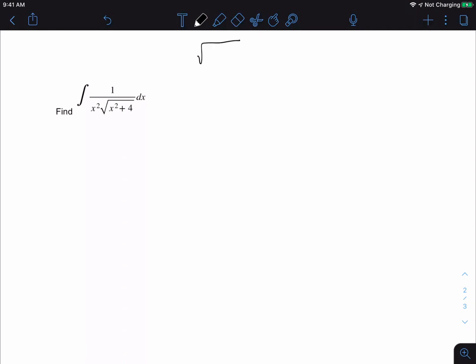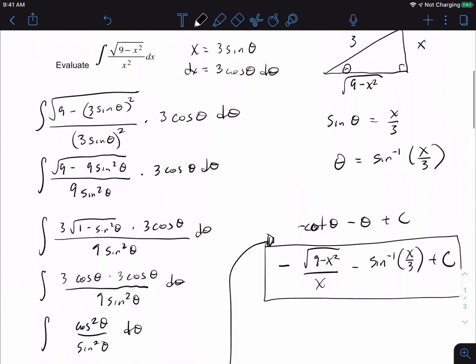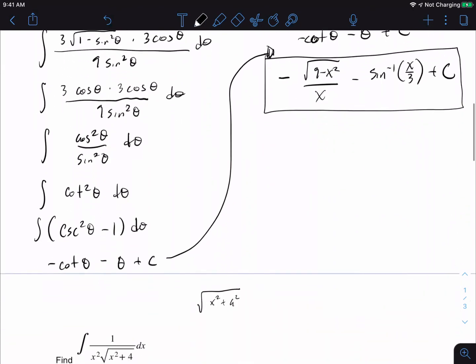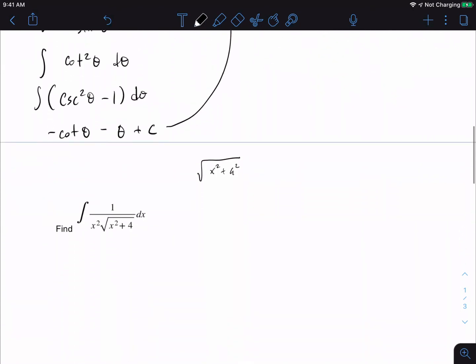I think it was C. So it was x squared plus a squared, right? So if we go back up just so we can see, isn't it the second one? Yeah. With the tangent. Oh, yeah, second one, sorry. So the substitution for this one should be x is equal to a tangent theta.